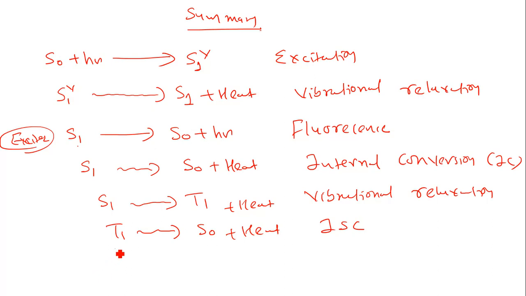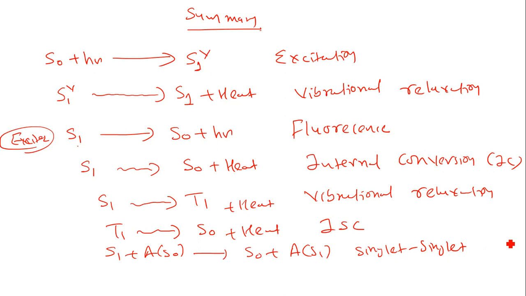Now when this S1 state combines with the S0 state of the acceptor molecule, and it is converted to the S0 state plus the acceptor molecule in a higher excited state, then it is known as singlet transfer photosensitization.